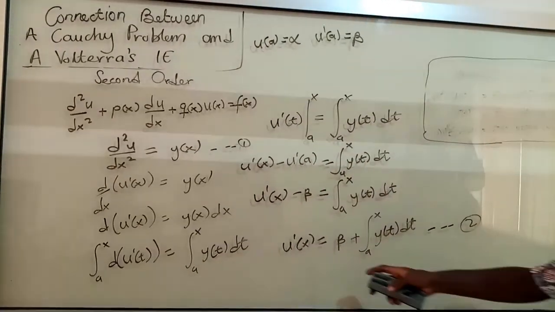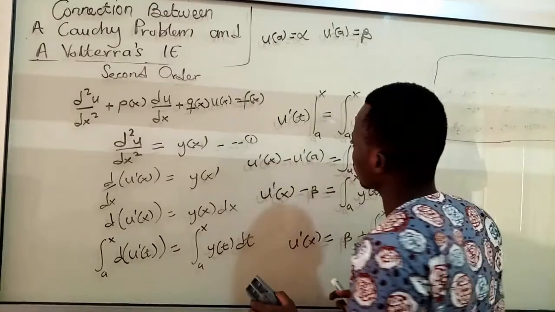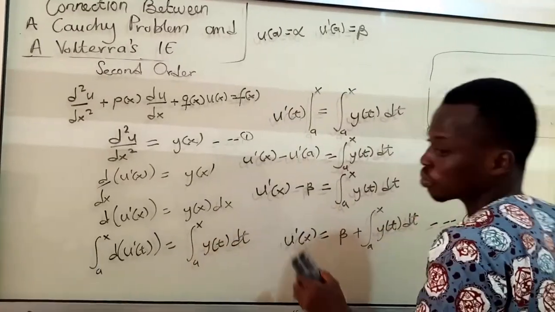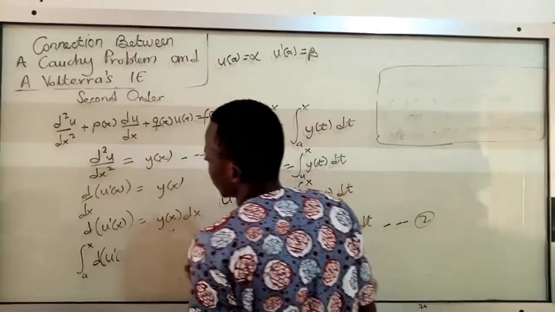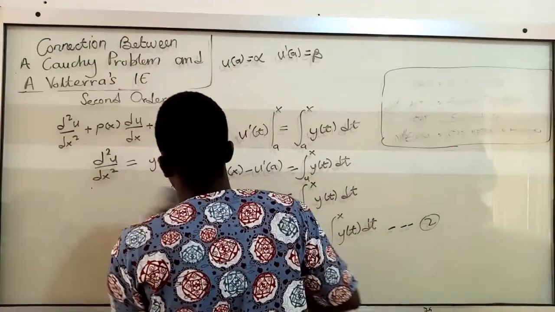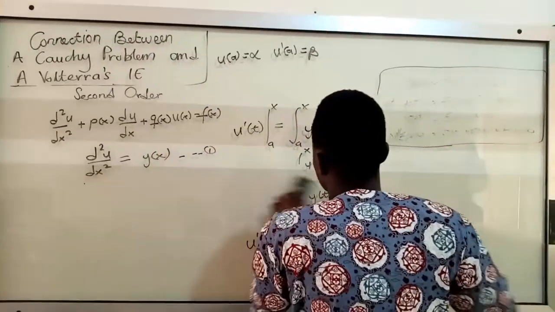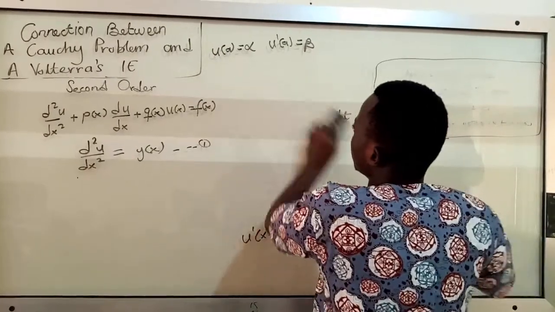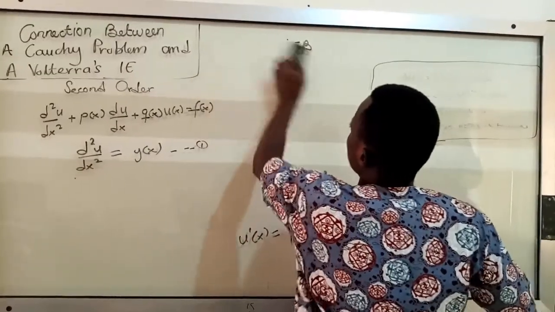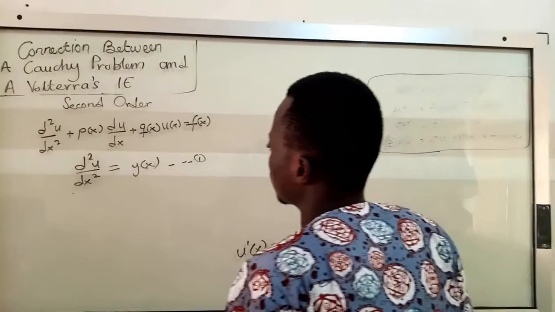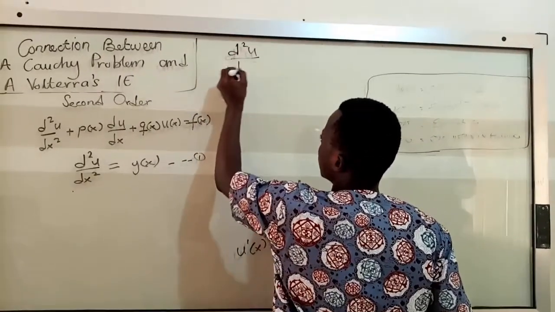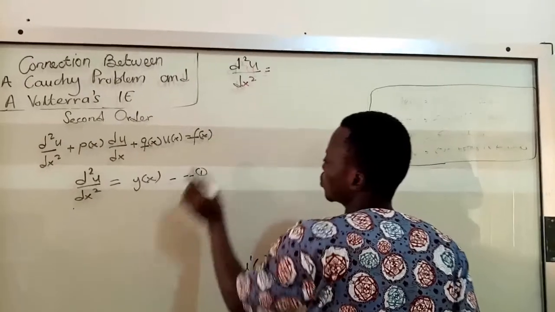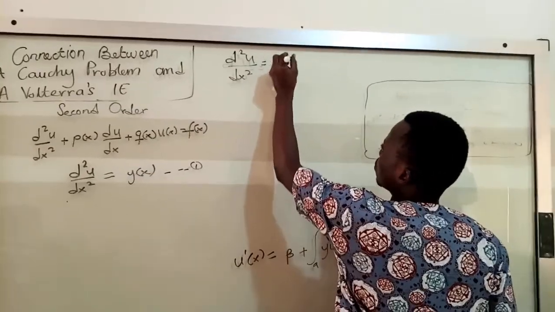Now, our first equation is d squared u by ds squared equal to y of s.